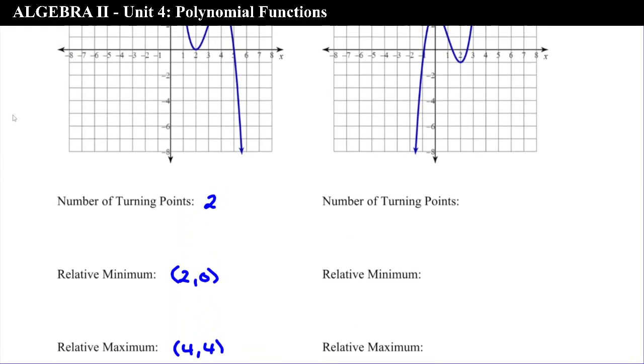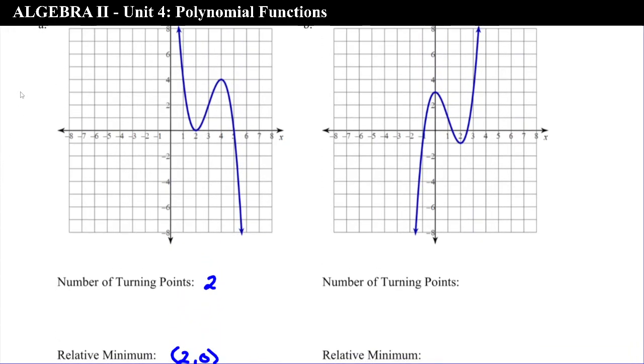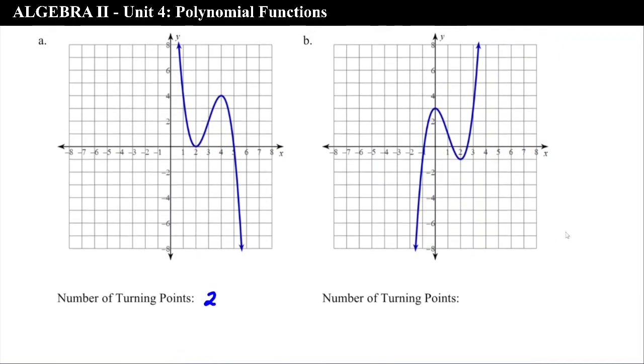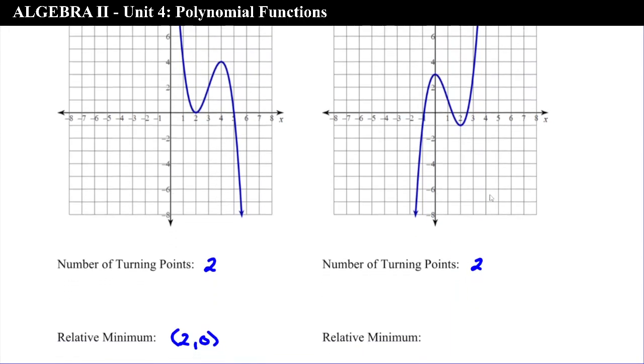All right, let's look at B now. The number of turning points we have here in B, well, again, we have 1 here and 1 here. So we've got 2 turning points again. Our relative minimum is going to be at (2, -1).